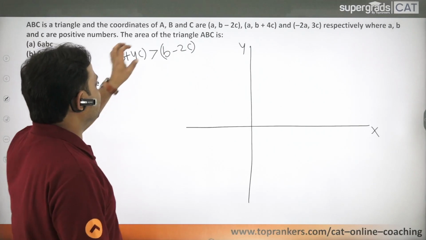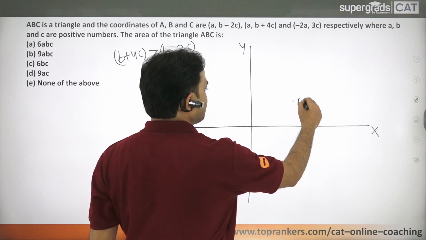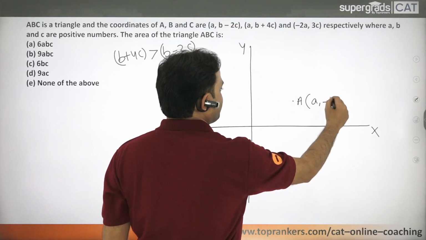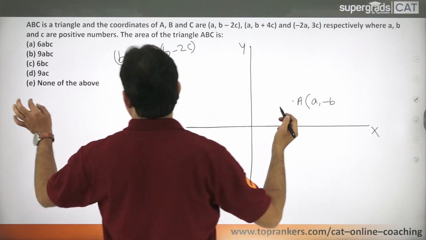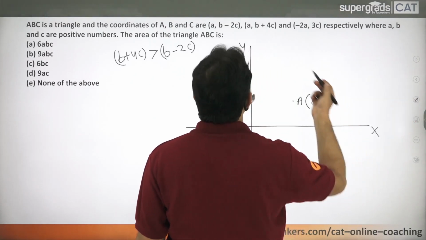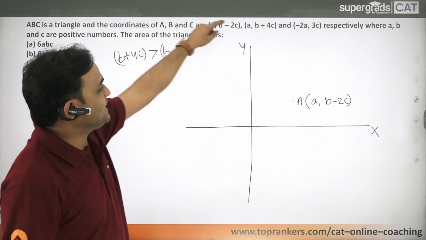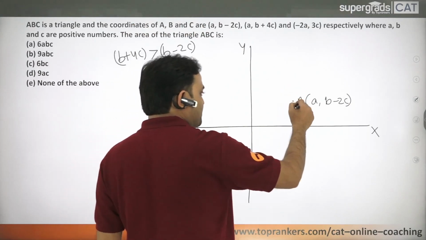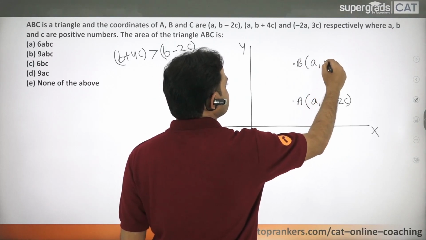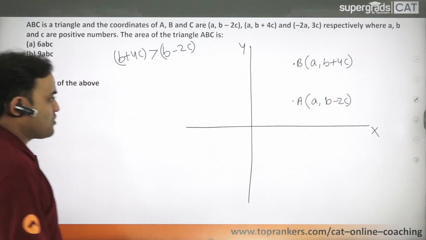And if I take A somewhere here, the coordinate of A is (a, b minus 2c). So the x coordinate of B is the same, which is a. So B will be just vertically up somewhere here. And the coordinate of B is (a, b plus 4c), right? So we got the points A and B.